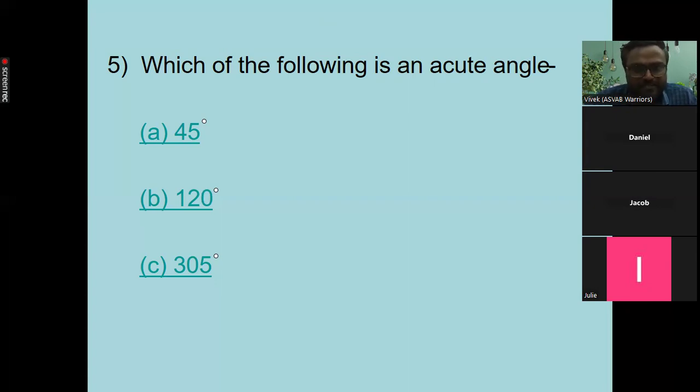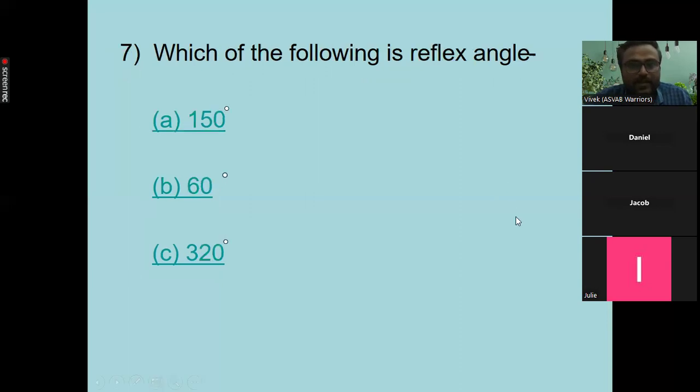That's awesome, guys. Let's move on to the next part: which of the following is a reflex angle? You need to identify which of the following is a reflex angle, whether it is 150 degrees, 60 degrees or 320 degrees. That's awesome, guys. Jacob says it is 320.